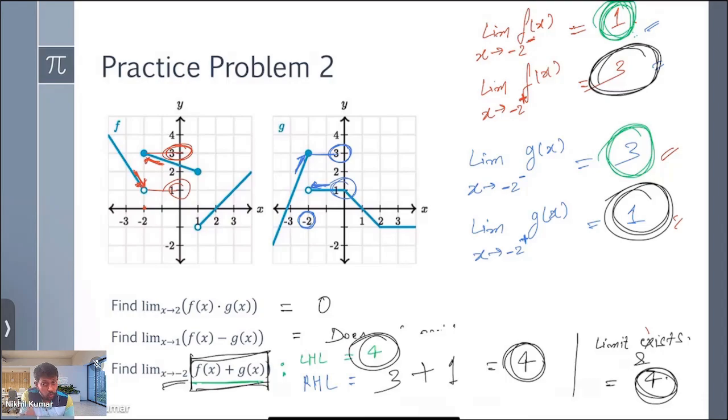Limit of g of x also did not exist at x equal to minus 2, because both the left hand and right hand limits were different. Yet, we saw that the limit of combination of the functions f of x plus g of x did exist, and the value came out to be equal to 4. I hope we understand this part.